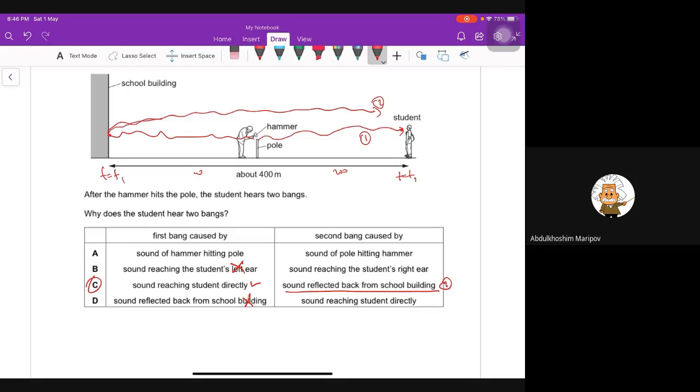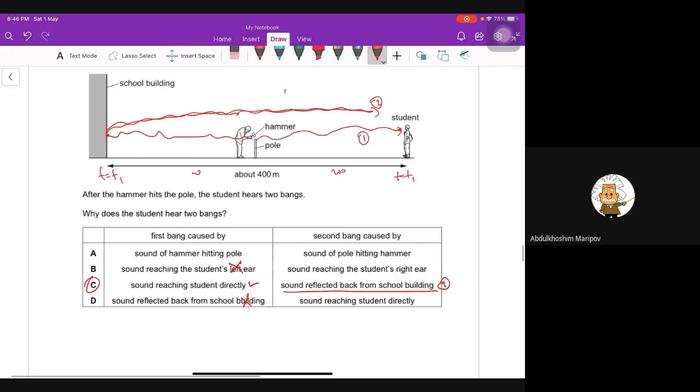Then it comes, for example 1 second, so 1 second comes here and another second comes here, so t2 would be 3t1, I guess. Anyway, that would be C.